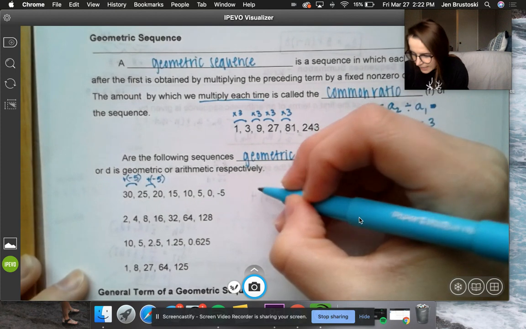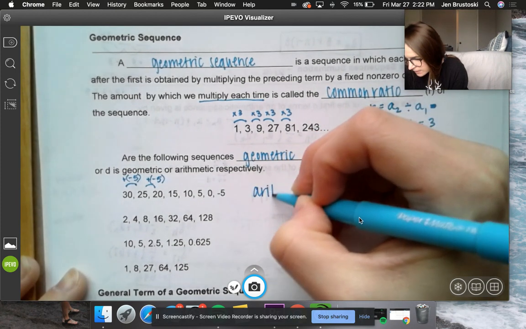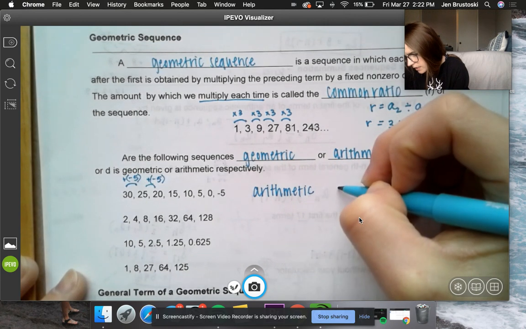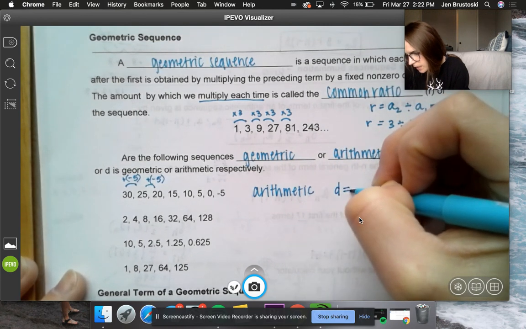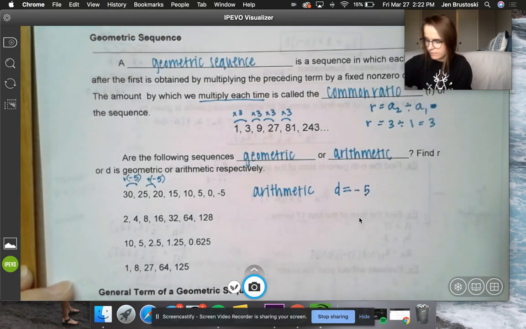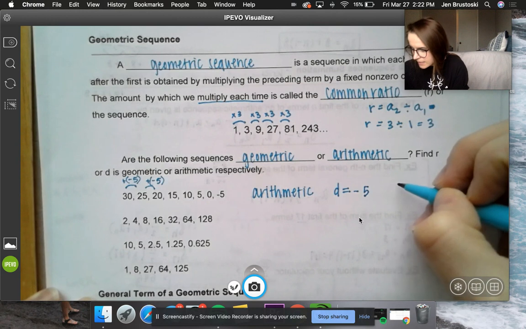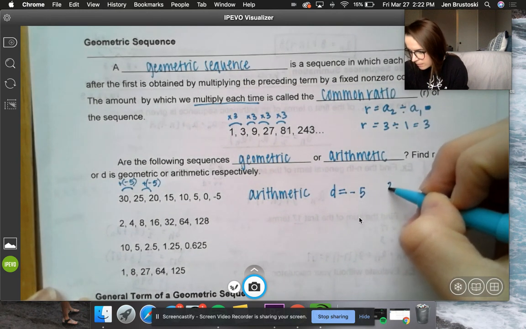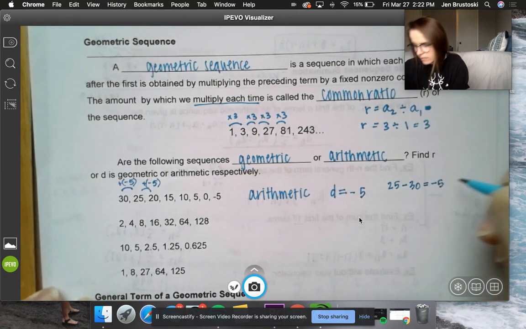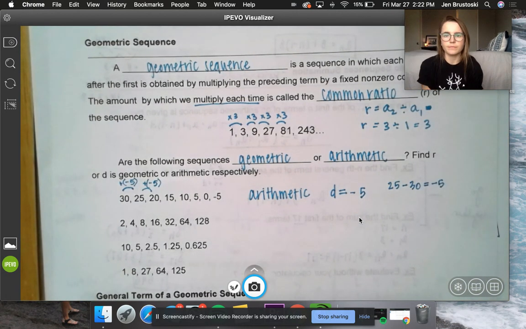Because we're adding, we have an arithmetic sequence, and our d value is going to be equal to -5. The way we can find that is by doing our second term minus our first term, if you want to show the algebra for that.